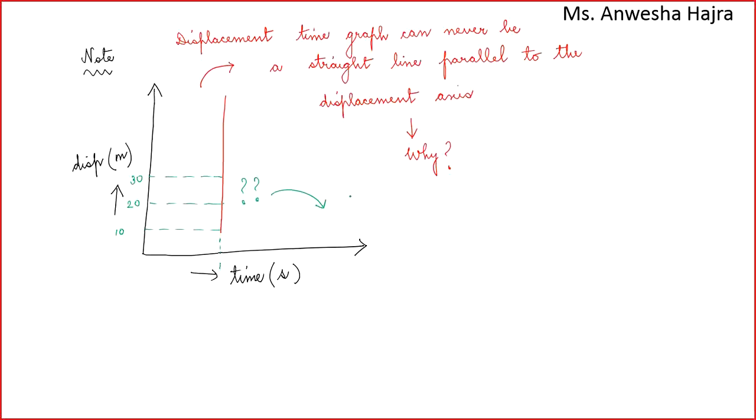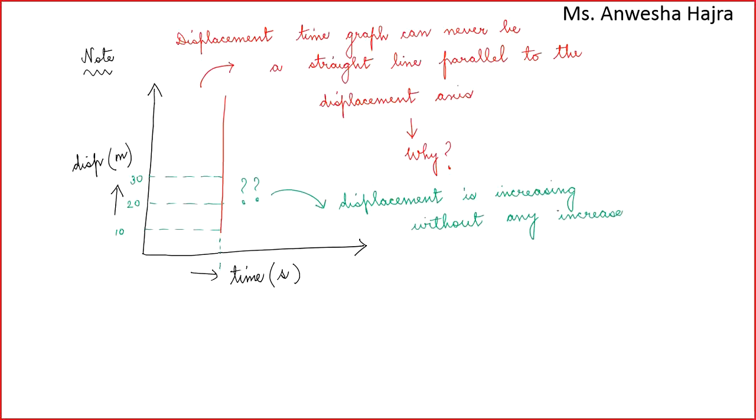Because this type of graph tells us that the distance covered by the body in a certain direction increases without any increase in time. Displacement is increasing without any increase in time. This is wrong.